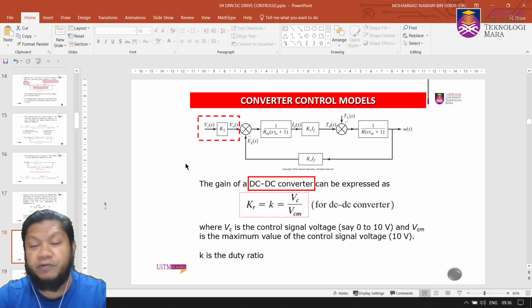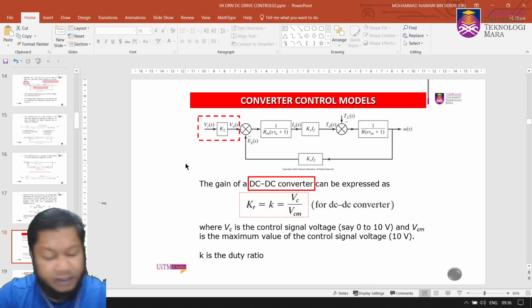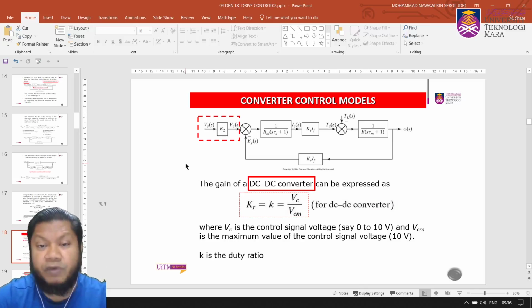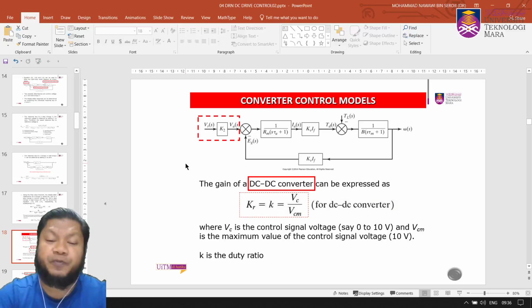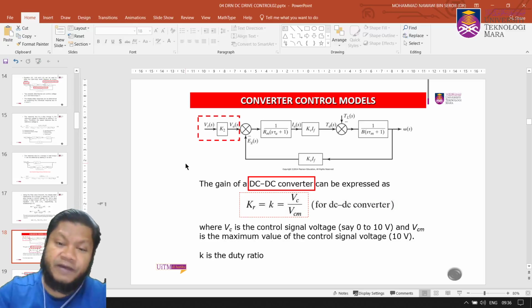Not the input voltage, but the duty ratio. The input will always be nominal, a constant value. We have a constant input voltage. What we can do to the converter is change the duty ratio, and by changing the duty ratio, your output voltage will vary.